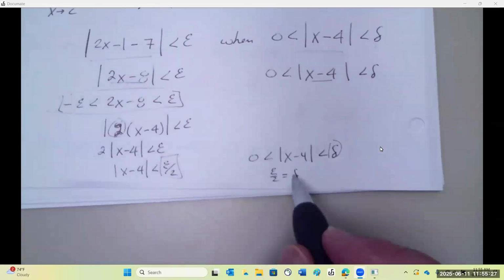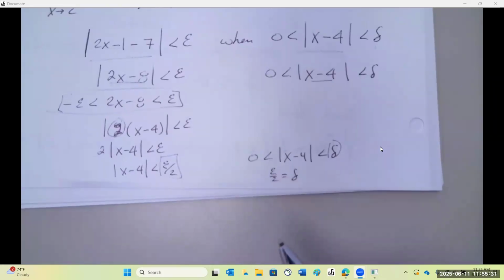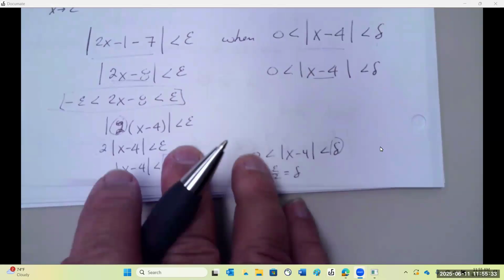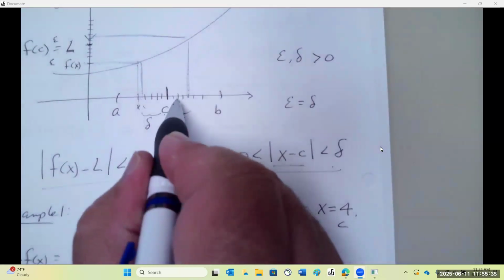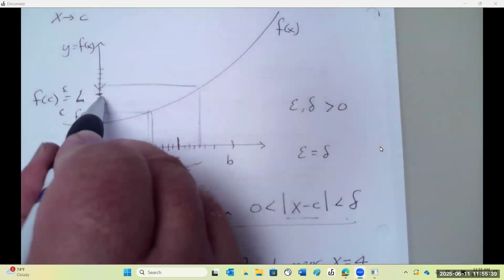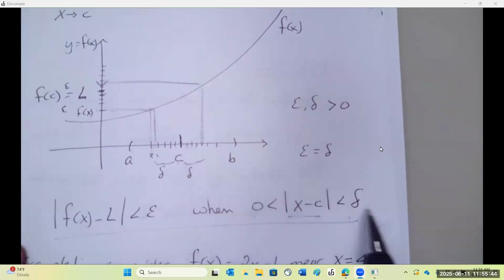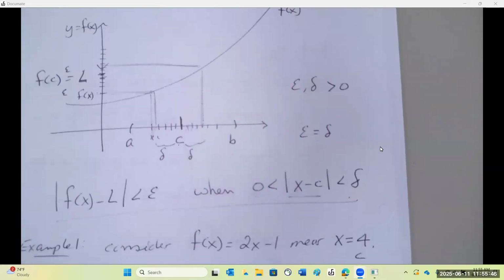So however small delta becomes, epsilon is even closer. So the closer we get to c, we get that much closer to L. That's what this is telling us. Because it's a true statement, therefore our limit exists, and it's going to work for any value x.